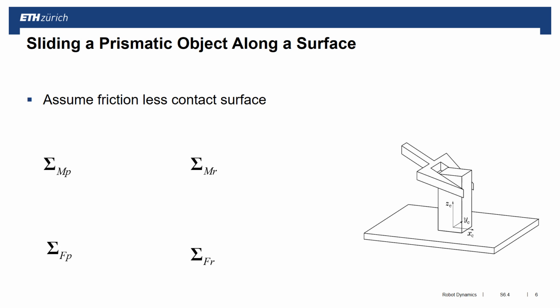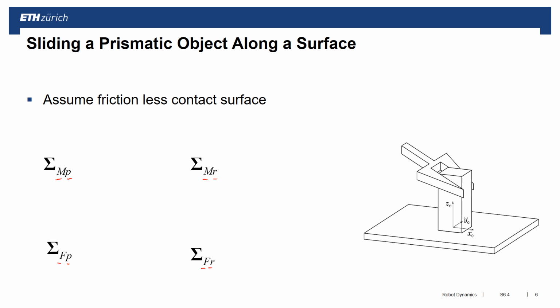So what you see here on the right hand side is a gripper that holds a block on a flat ground, and what we want to identify is the selection matrix for the motion in position direction, for the force in position direction, for the motion in rotation direction, and for the force in rotation direction.